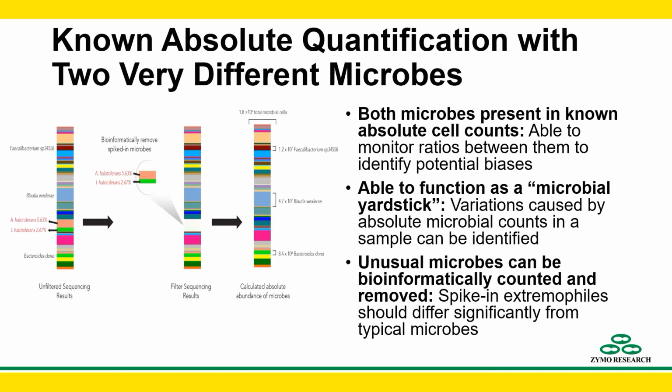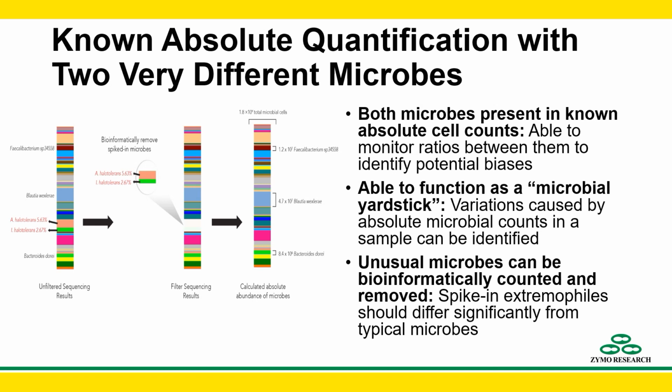Because these samples, again, are easy to differentiate, they're also easy to bioinformatically isolate from your real sample and run them through separate pipelines to get somewhat different properties. So in this case, what we're showing here is we start off with our whole sample. We bioinformatically isolate out Allobacillus halotolerance and Imticella halotolerance.